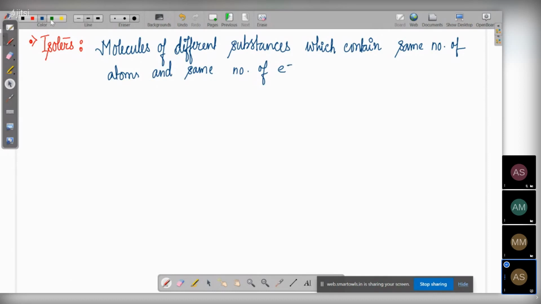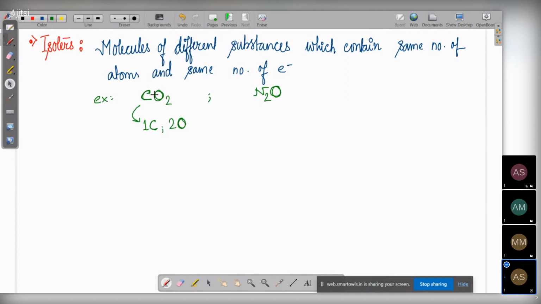So for example, let's take carbon dioxide, CO2, and N2O. How many atoms are there in carbon dioxide? We have one atom of carbon and two atoms of oxygen.